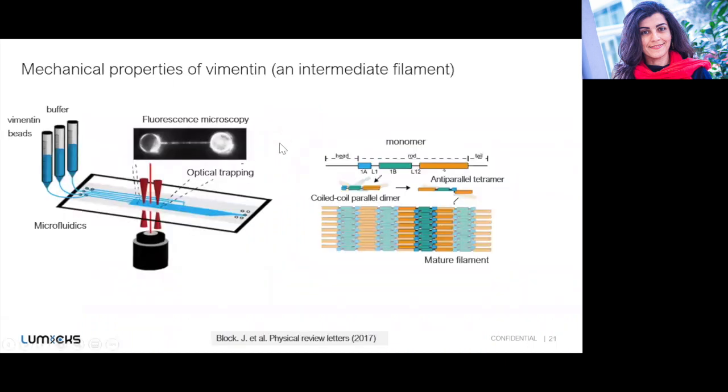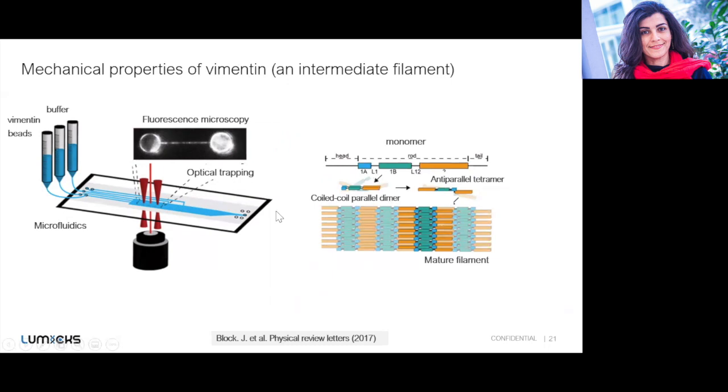C-trap can also be used to study mechanical properties of cytoskeletal filaments. For example, this group has used C-trap to study the mechanical response of vimentin, which is an intermediate filament with a complex structure with intrinsically disordered regions, like domains that have a different mechanical response.